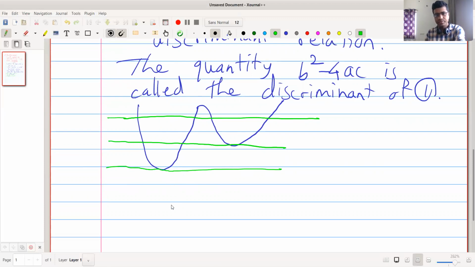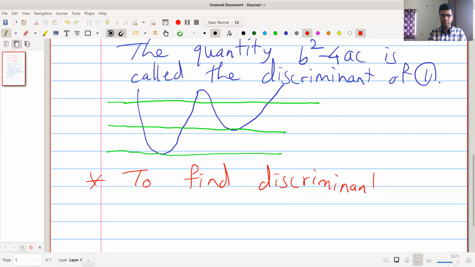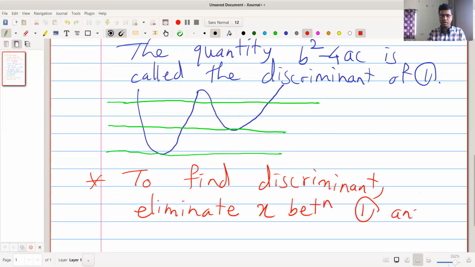So the procedure to find the discriminant is to eliminate x between 1 and its derivative with respect to x.